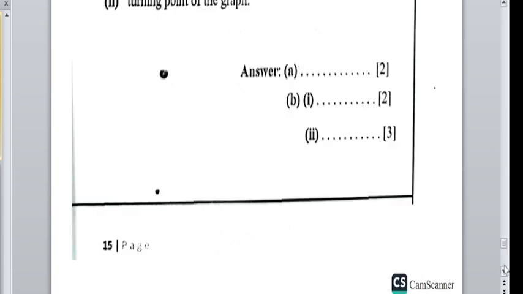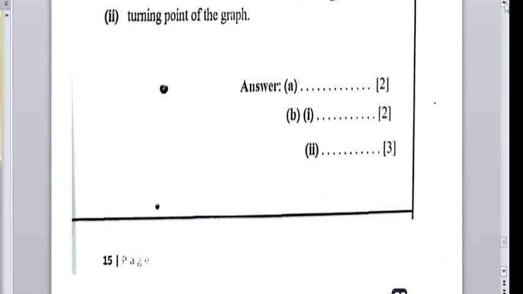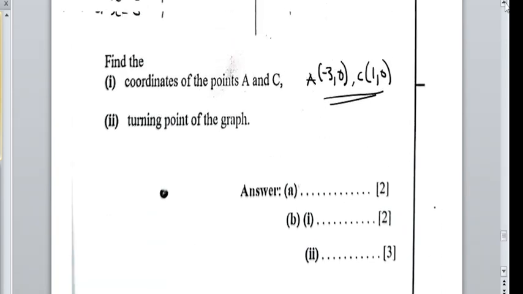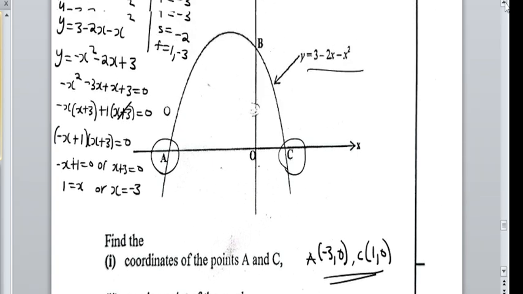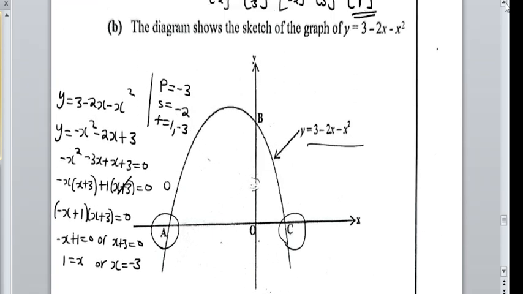Then the other one, to find the turning points of the graph. So the turning points of the graph. How do we find the turning points? Okay, so this is how we're going to find the turning points of the graph. It's easier. So we have the graph. I'll get the equation, y is equal to 3 minus 2x minus x squared.